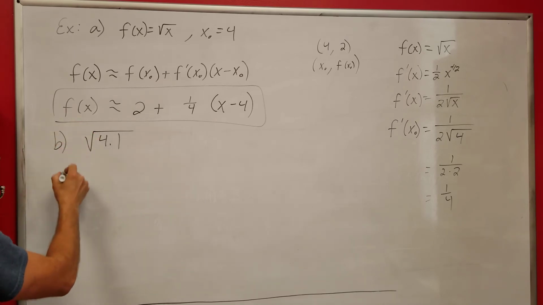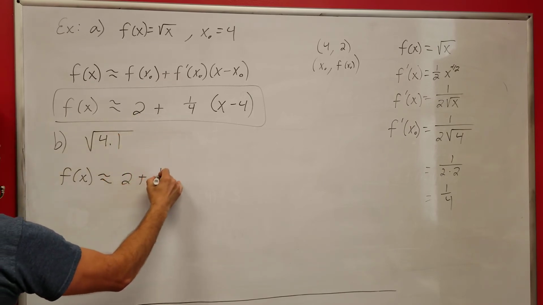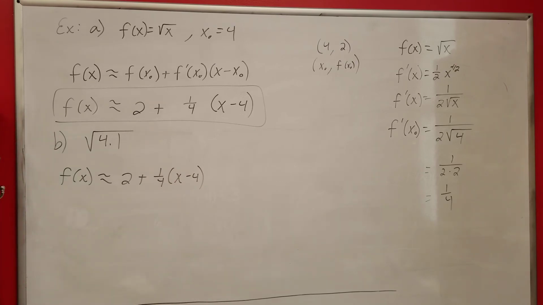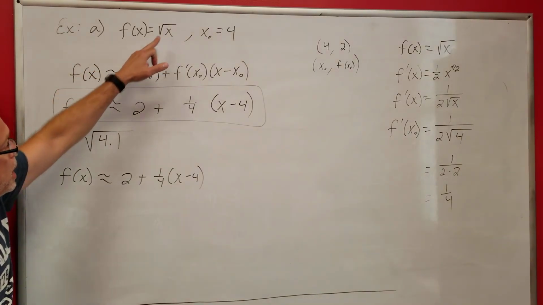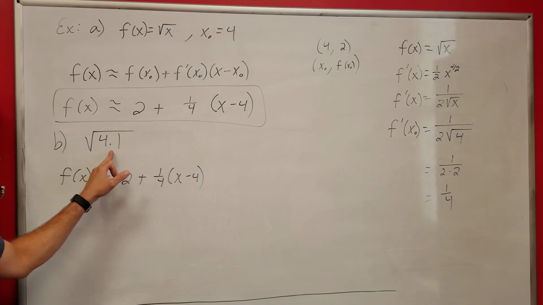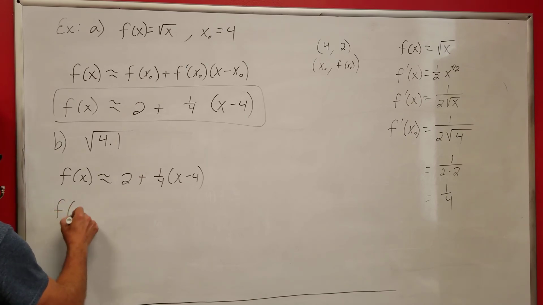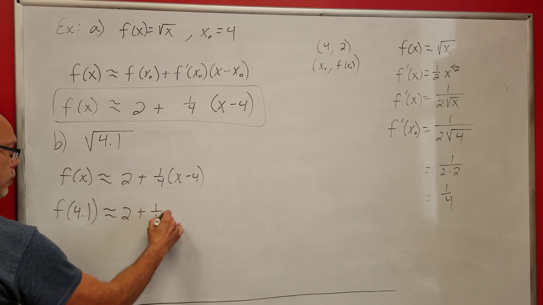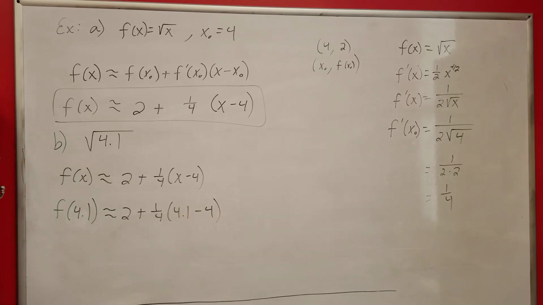Alright, so I'm going to use f of x is approximately 2 plus 1/4 times x minus 4. Now keep in mind, f of x is the square root of x, right? So what's replacing x here? 4.1 is replacing that x right there. So f at 4.1 is approximately 2 plus 1/4 times 4.1 minus 4 if I sub it in.